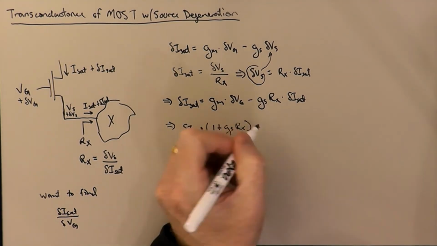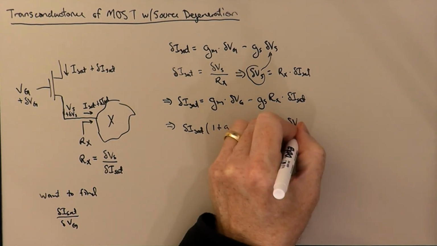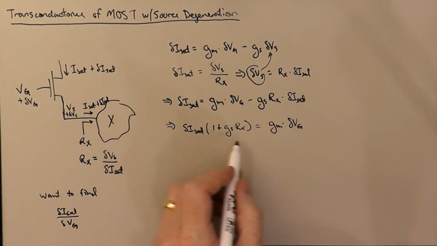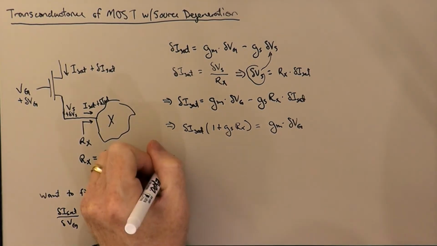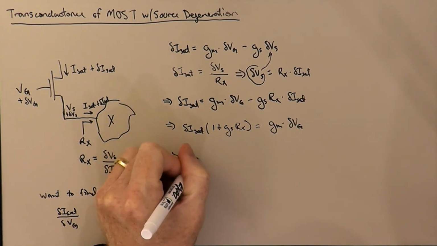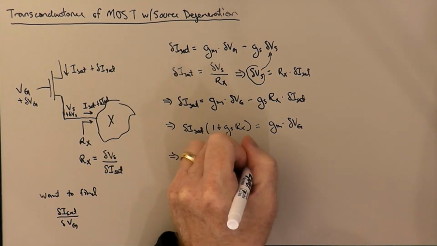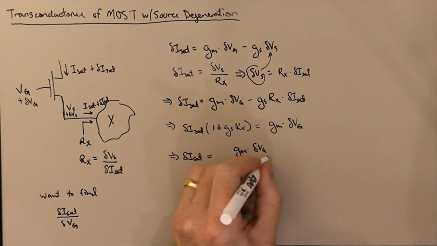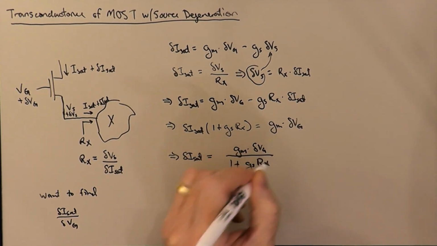And on the right-hand side, that's equal to little gm times delta Vg. And we can divide both sides of this equation by 1 plus gs Rx and solve for delta I sat. And that's little gm times delta Vg over 1 plus little gs times Rx.